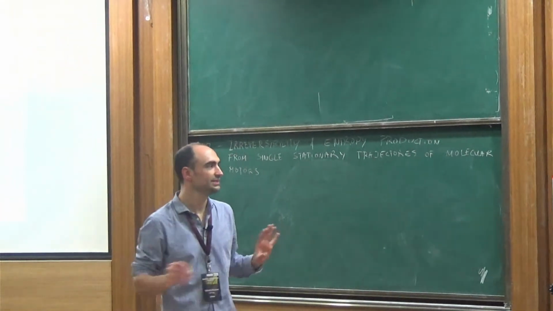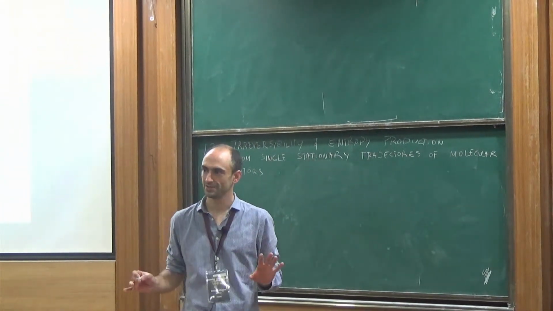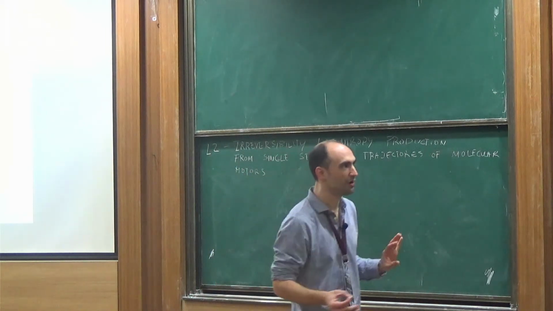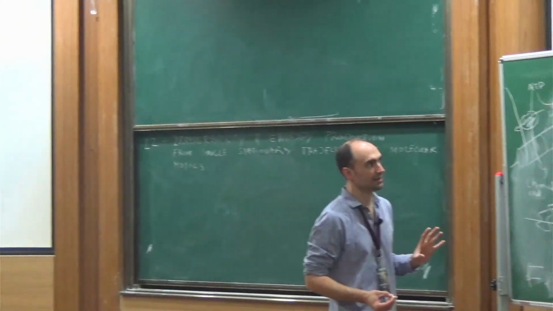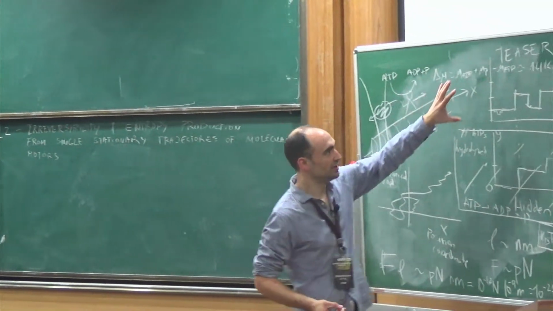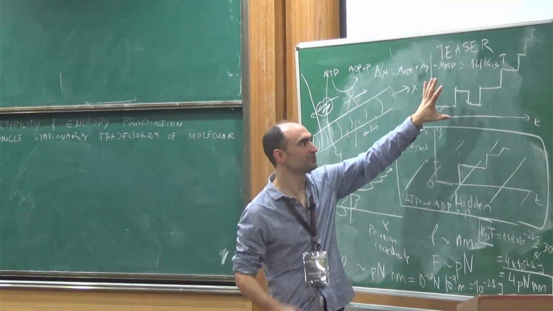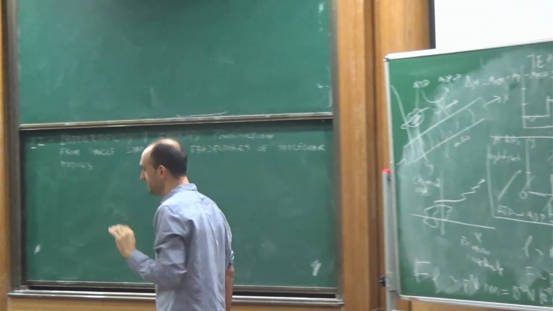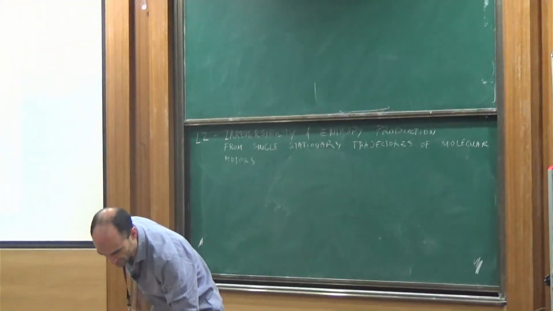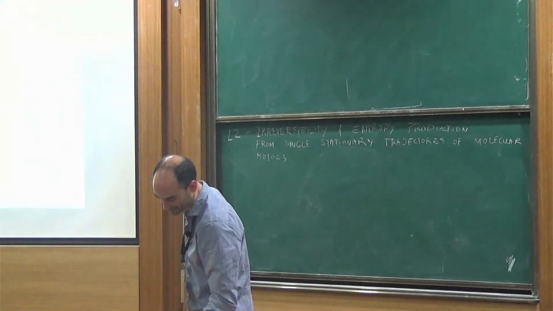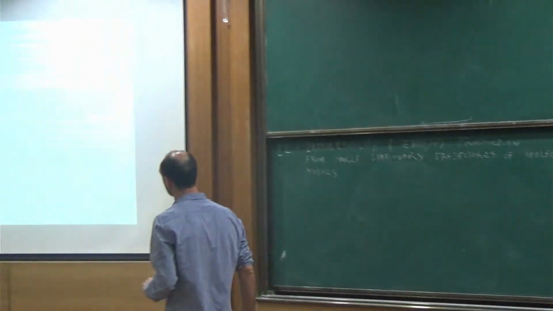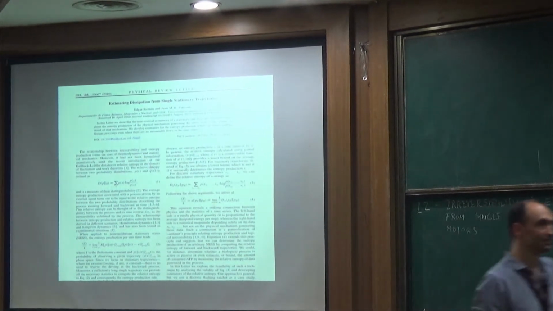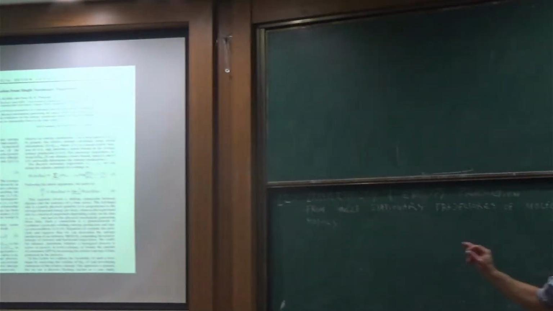Okay, so this is what I'm going to discuss. This is the setup. I'll talk about molecular motors, and the question I would like to answer is the following. Imagine you are in an experiment and you record one of these trajectories. The question, which we investigated in this work from 2010, is what can we do with this single trajectory? Imagine you do a single experiment.